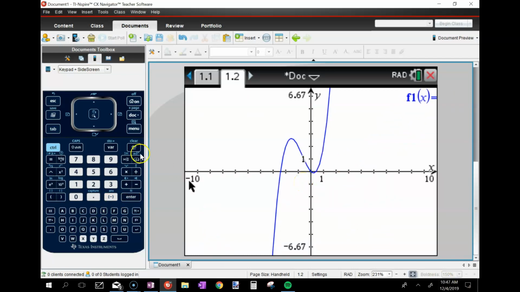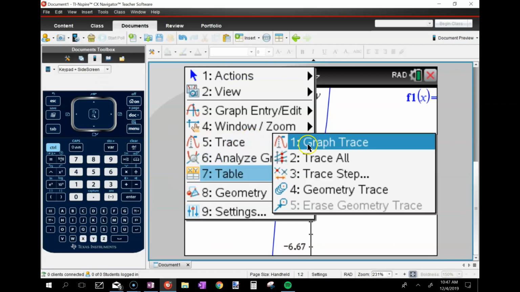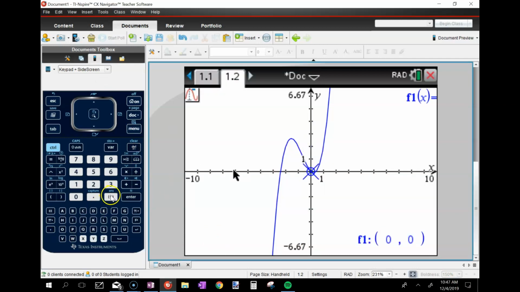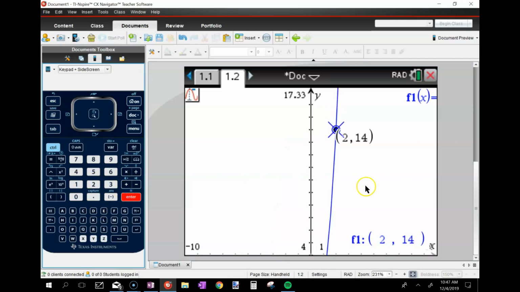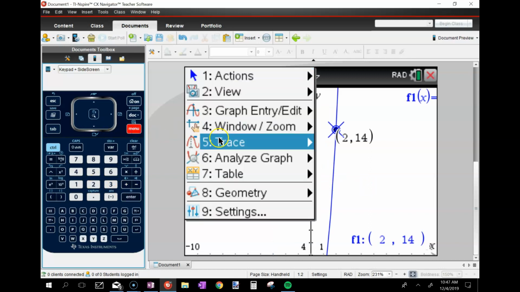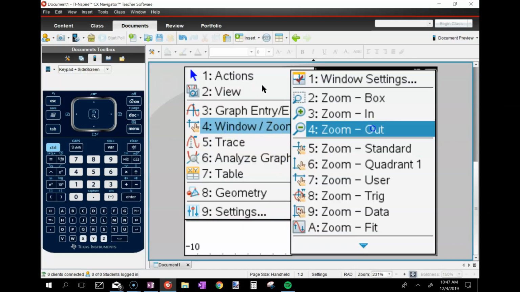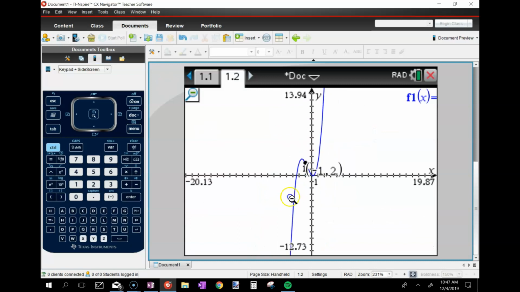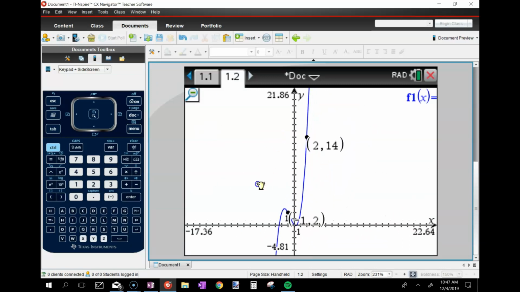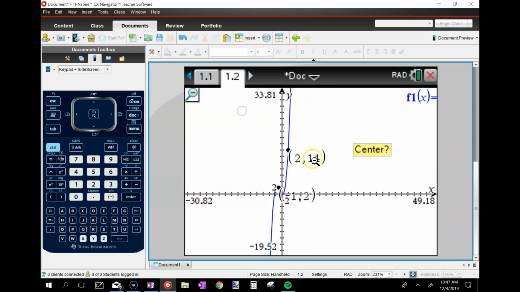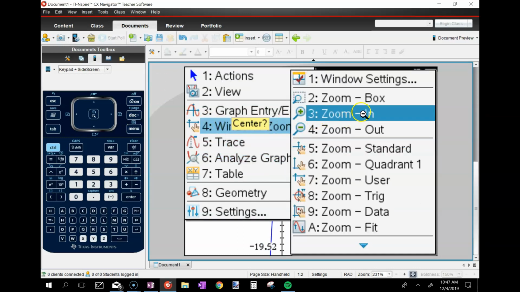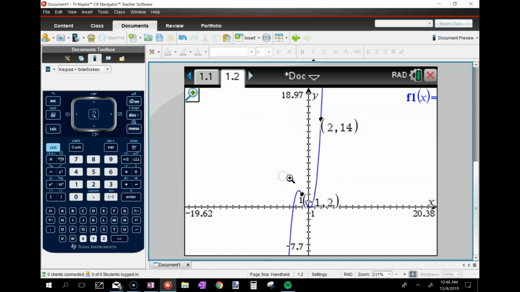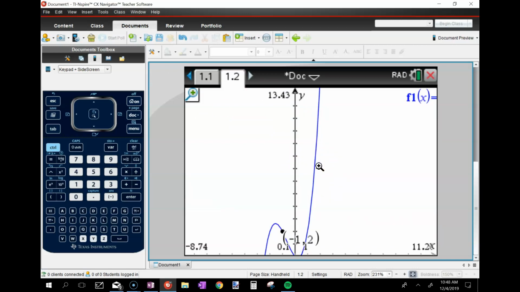Now there are two endpoints. There's an endpoint at -1. There's an endpoint at 2. And I'm going to zoom out a little bit. Oh, don't do that. No, that's too much. No, zoom in. That's too much.